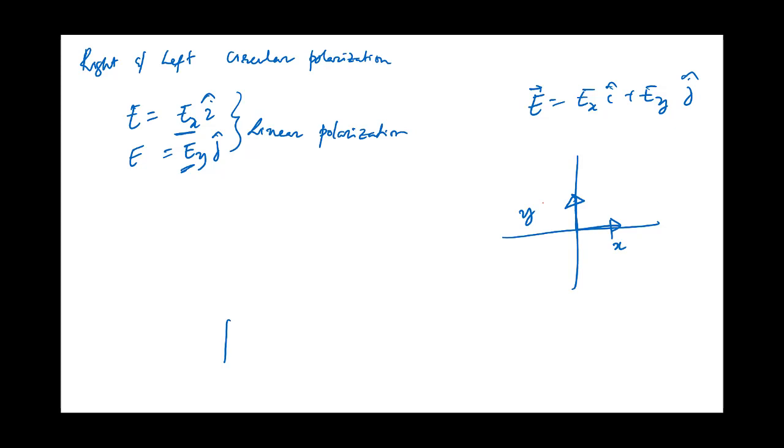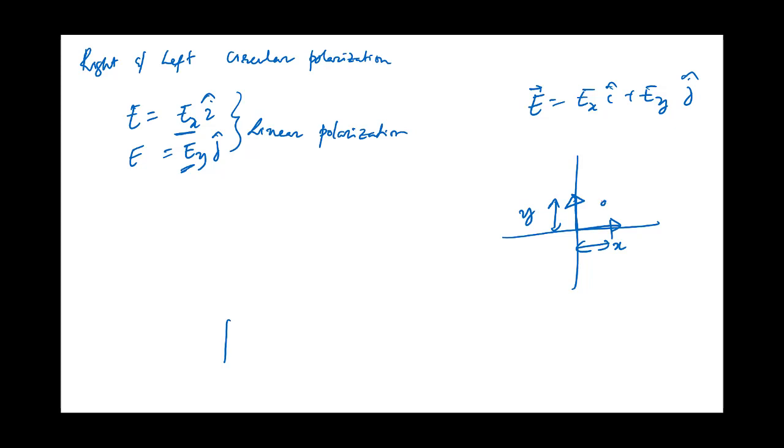And if you look at the way these are oscillating, the way these are going up and down, you can use, for example, if you remember mechanics, where you studied simple harmonic motion, circular motion can be represented as motion along the x-axis plus motion along the y-axis.